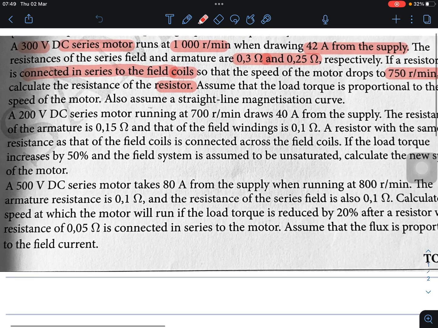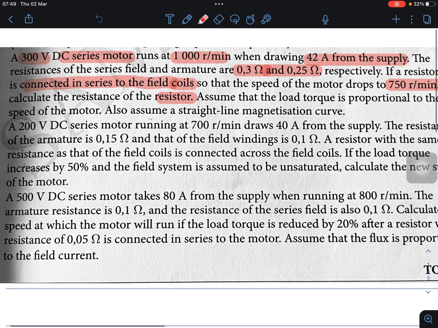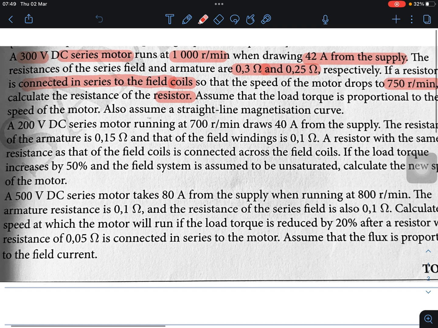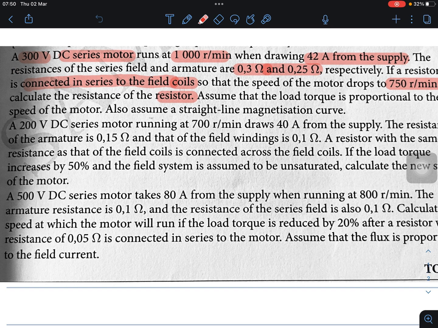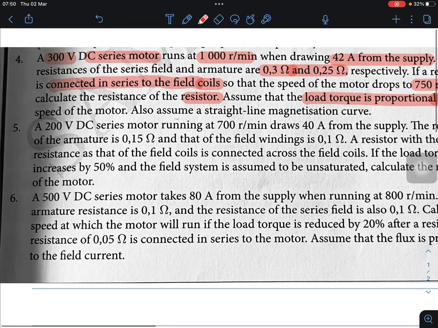But assume the load torque is proportional to the speed. That's what we should assume.